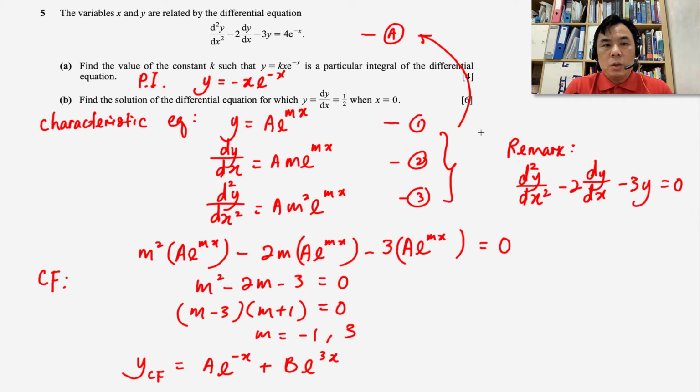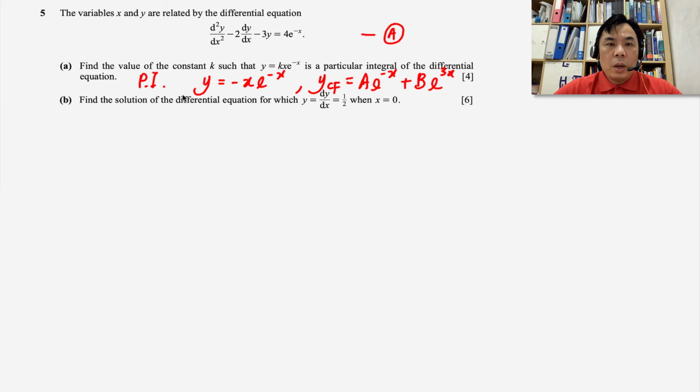All right, so I'm going to pause here for a while. I'm going to rewrite the CF at the side here so that we can use it in a while. It's Ae^(-x) plus Be^(3x). Next, we have already obtained its particular integral and the complementary function.